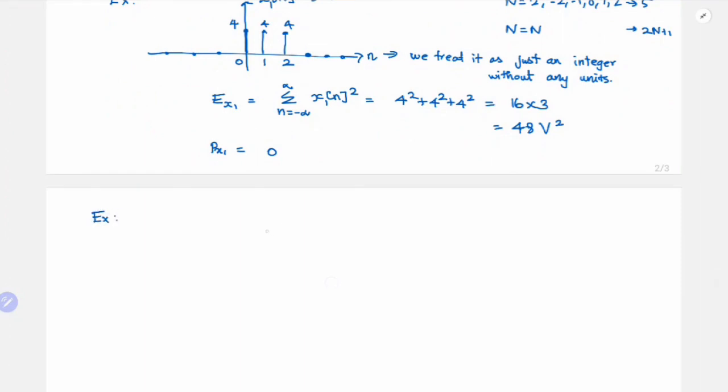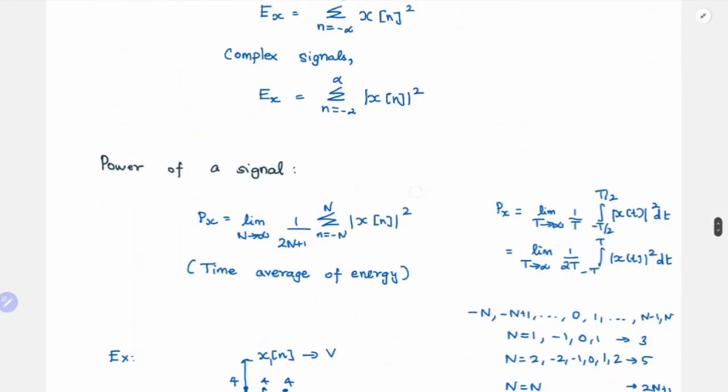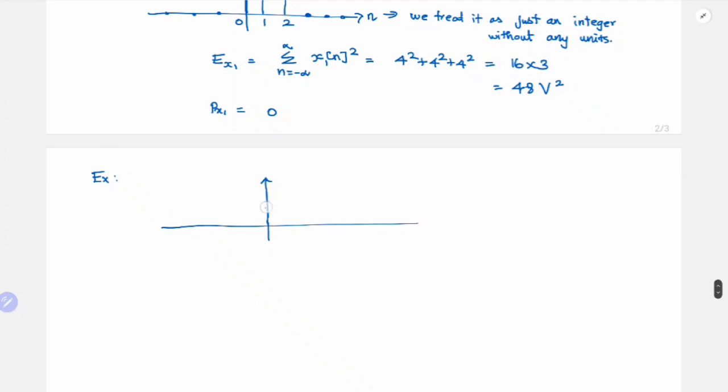So example, let's take this example only with this continuous thing. So 0, 1, 2, 3, 4, 5 and so on. And same on the left side. Minus 1, minus 2, minus 3 and so on. In x2 of n. And then let's say each of them is 1.